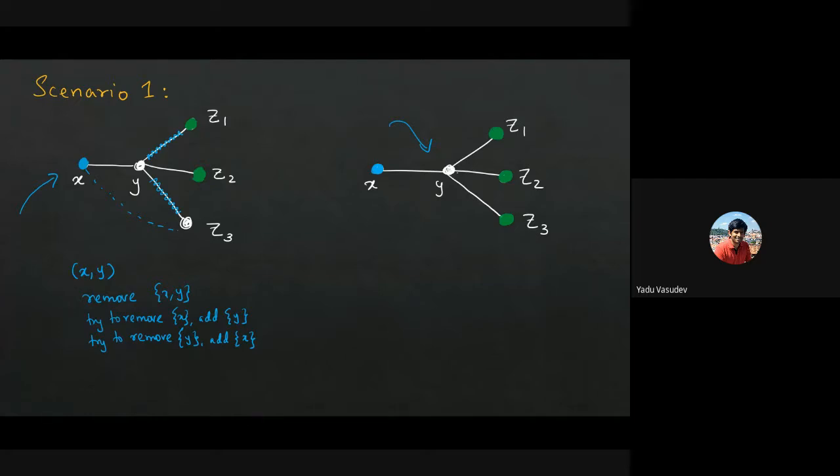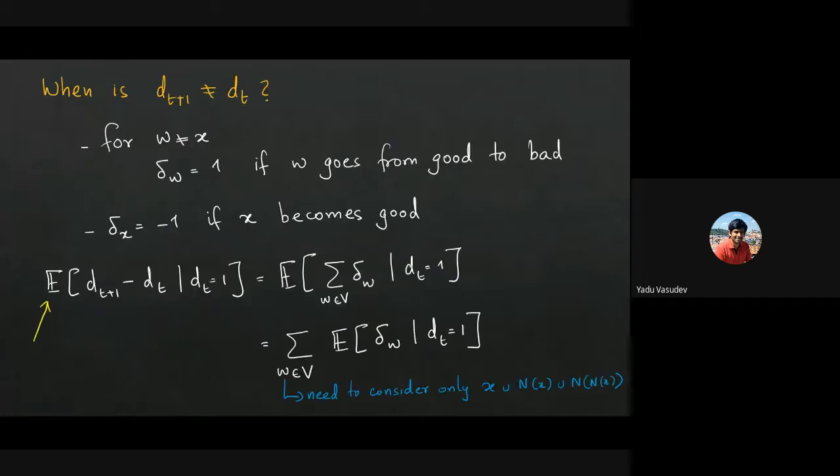Let me go back here. What we want to say is that each time this value d_{t+1} is going to increase, there is a corresponding other move because of which it will decrease. Either it will decrease, or whenever there is a place where it is increasing, there is also a subsequent possibility that you can take where it will reduce. That's what we want to prove.